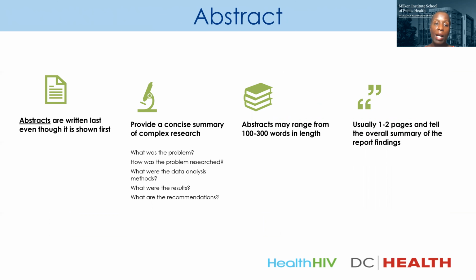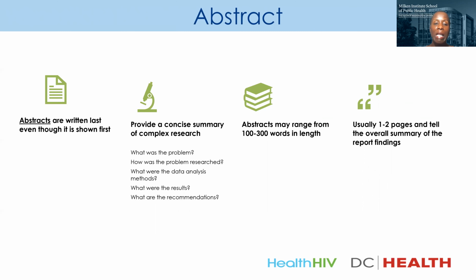The abstracts are always or typically written last, even though it's shown first. The abstracts are typically 300 words or less. Sometimes your funding agency tells you the exact length that they prefer the abstract to be, but they typically do not exceed 300 words.